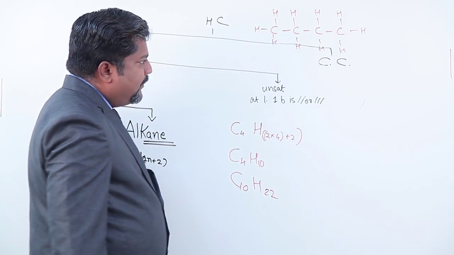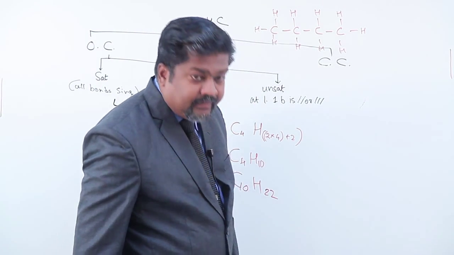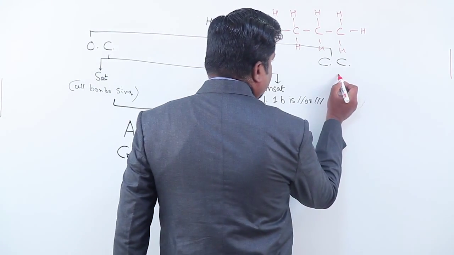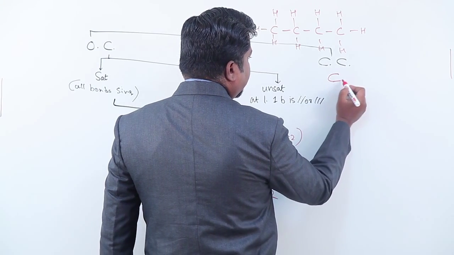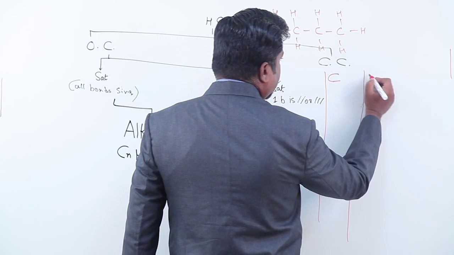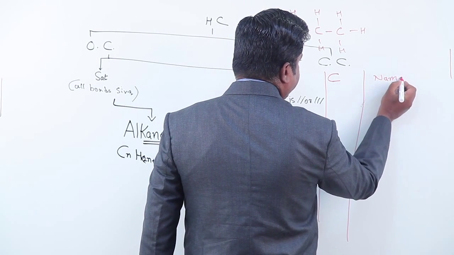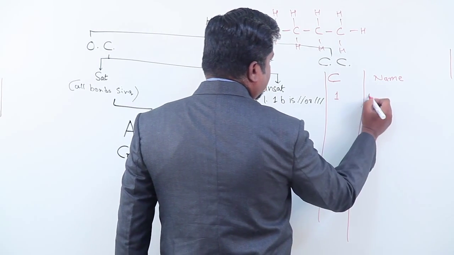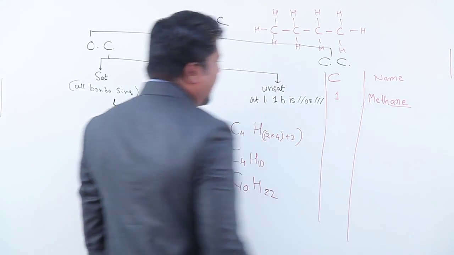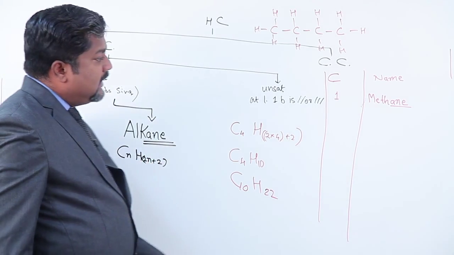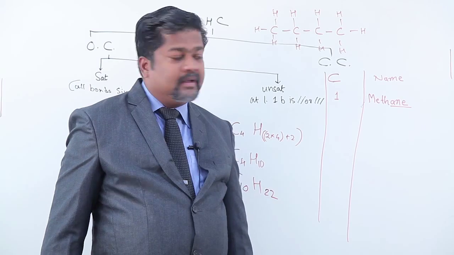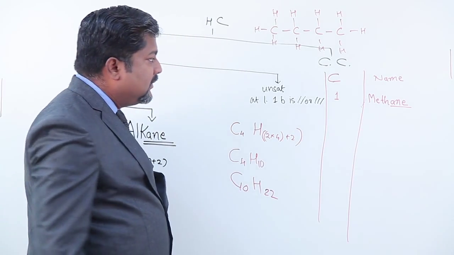Now I want to name a few alkanes. A few means 10 alkanes I have to name. So here I am writing the number of carbons and the name. If 1 carbon is there, we are calling it methane. As it is an alkane, the name ends with ane. So this is methane if the carbon number is 1.